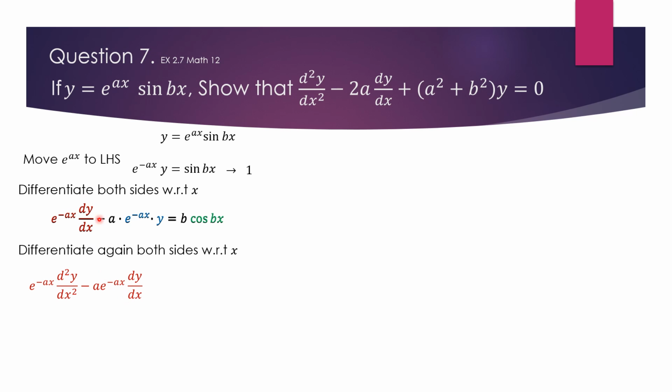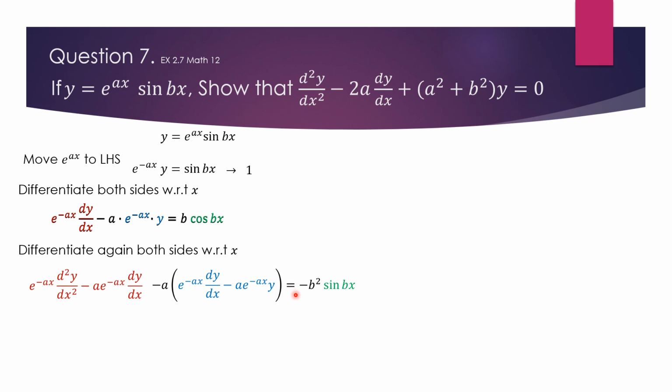Again, differentiating e power minus ax, it is minus a e power minus ax, with the minus sign with a, and again this y. We have already done this in equation 1, so I'll just copy this solution here: e power minus ax dy by dx minus a e power minus ax y.